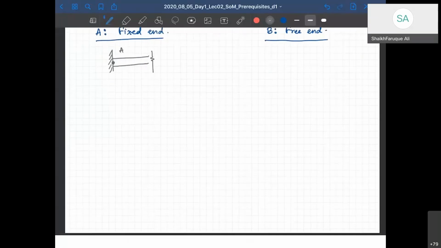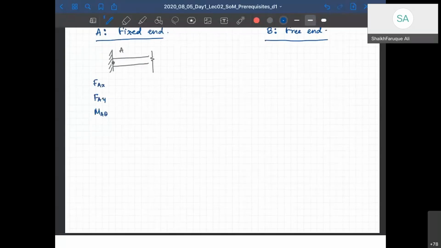Therefore, let us write them one by one. Let's say F_AX is the force along the X direction, F_AY is the force along the Y direction, and M_A theta is the moment acting at that point.